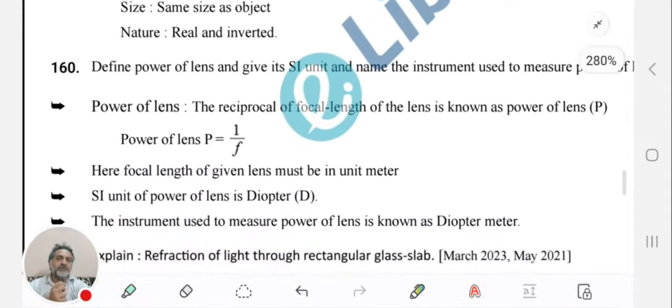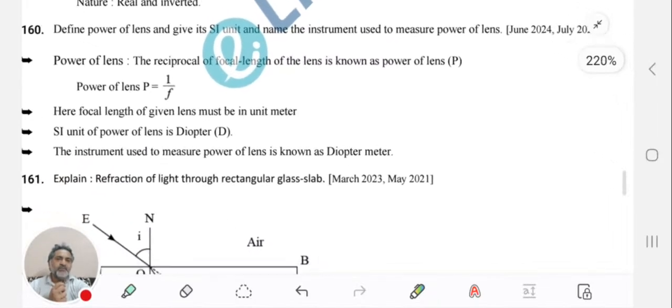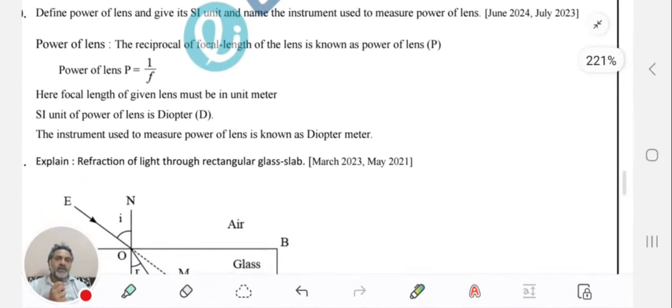Next question 160. Define the power of lens and give its SI unit and name the instrument used to measure power of lens. June 24, July 23.